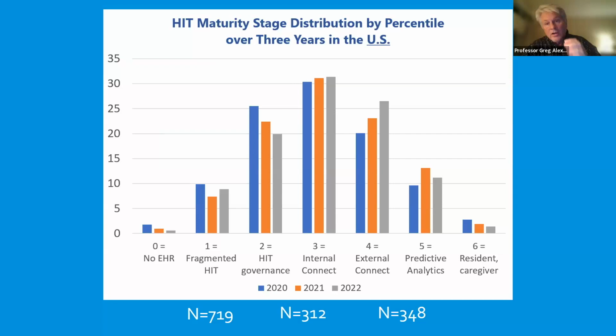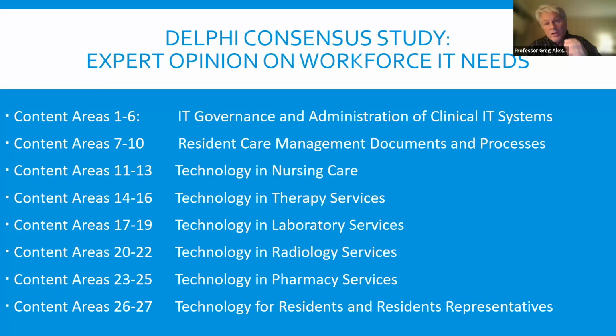another way to look at digital maturity. The digital maturity has 7 stages. And the 7 stages that are there are stage 0, which is where they have no EHR. Stage 1, where they are starting to have some disparate systems that are in place.